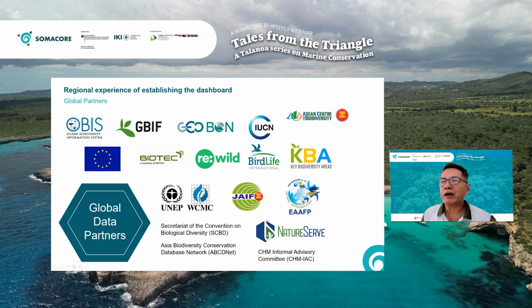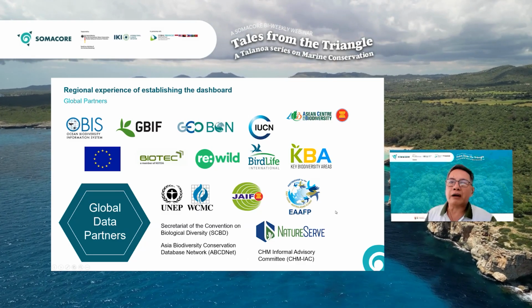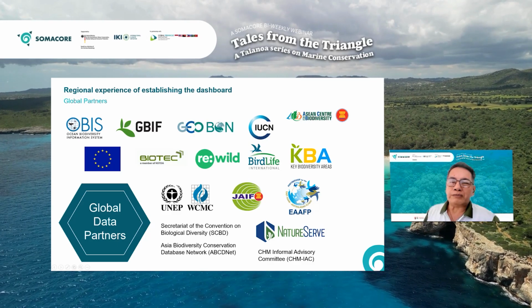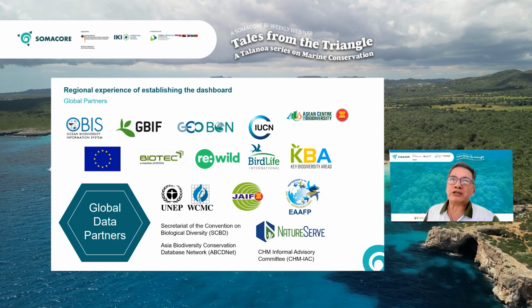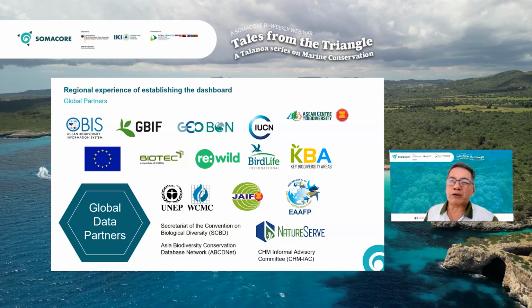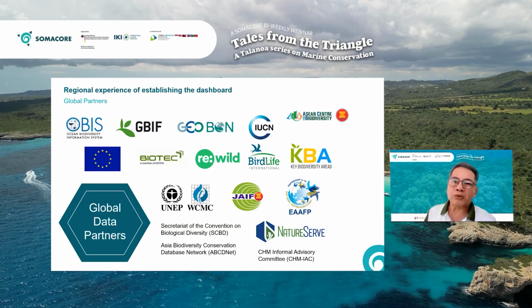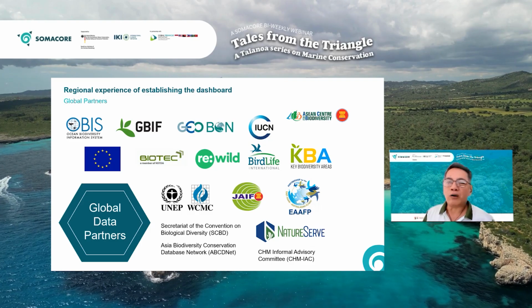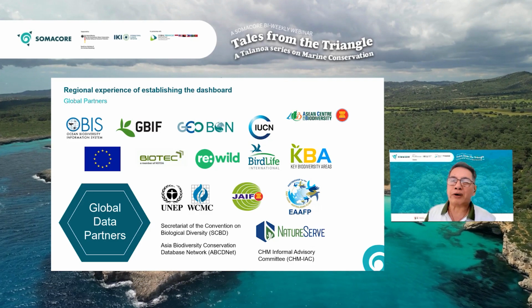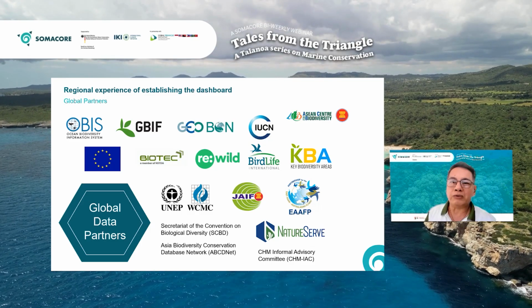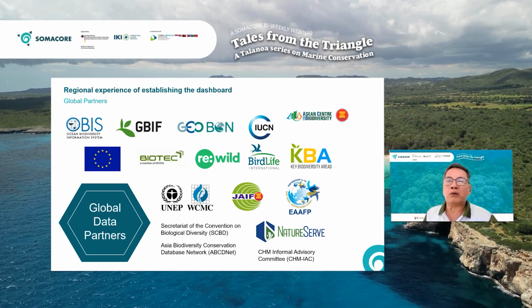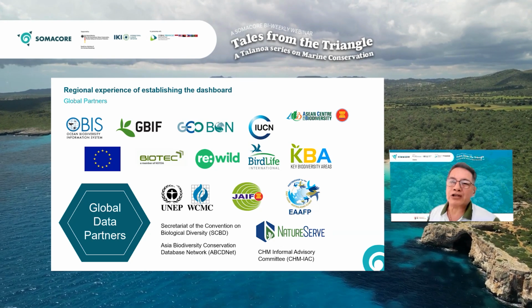So these are all linked to the dashboard using API. So when you do a species search in our dashboard, it will actually throw you to either GBIF or OBIS or any of these database partners, and they will be giving you their data from their server into our dashboard.